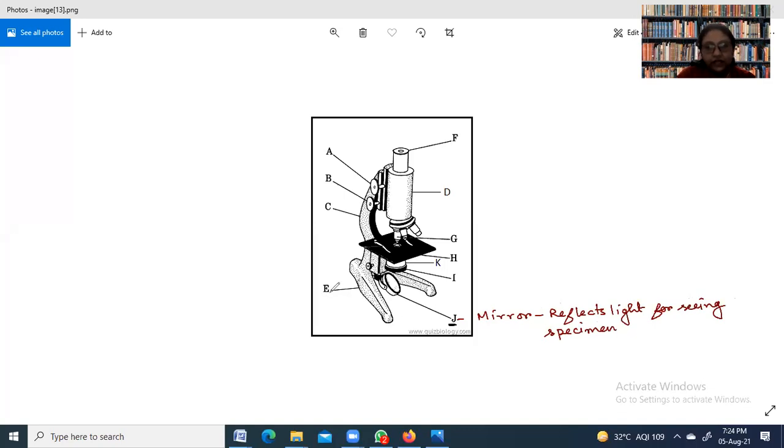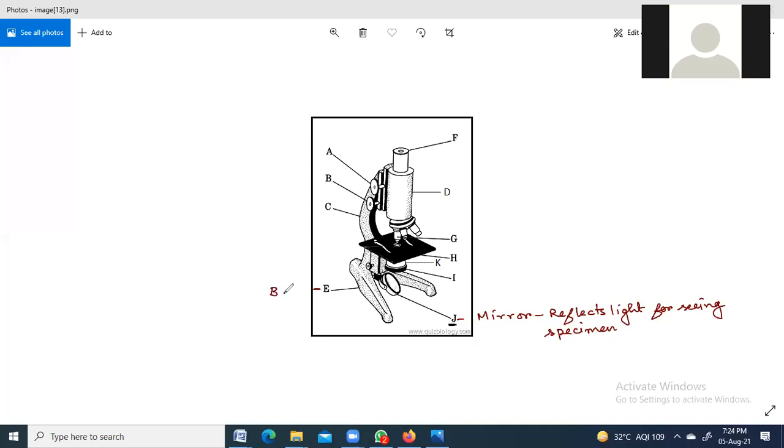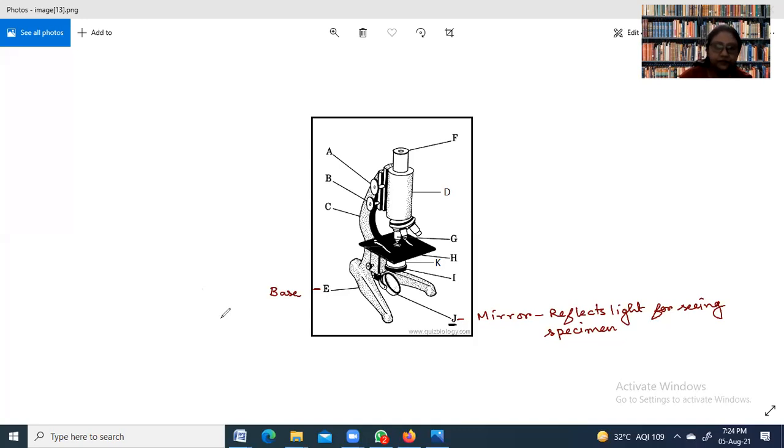Okay. Then this E part, what is the role? It is the base. What is the role of the base? To give support to the microscope, or it is holding the other parts.